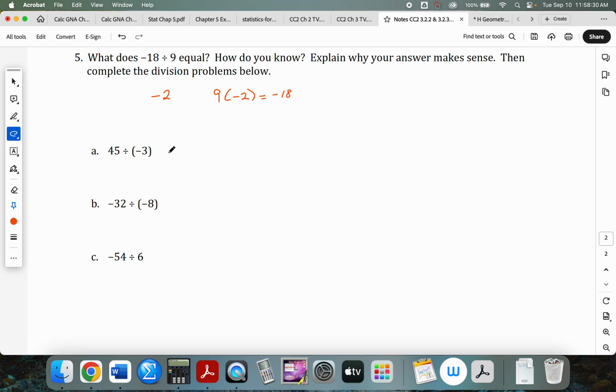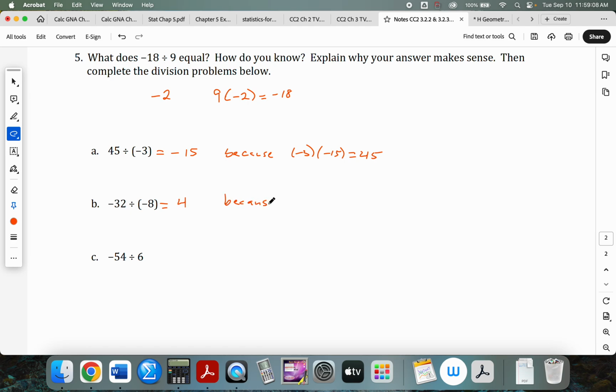So here, if I've got 45 divided by negative 3, what is that going to be equal to? Negative 15, because negative 3 times negative 15 is positive 45. So negative 32 divided by negative 8 is? 4.